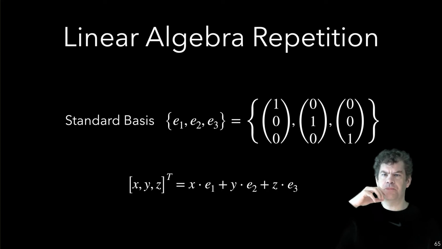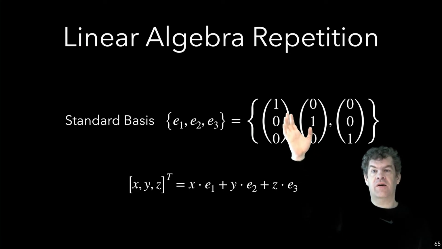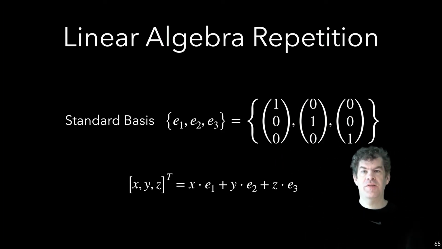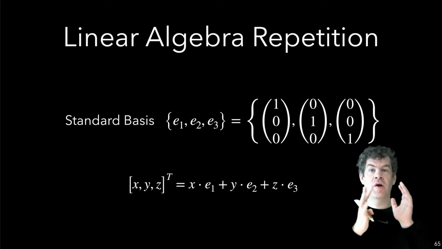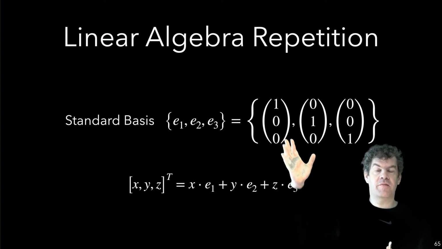There's nothing wrong with choosing another basis. So for instance, we could rescale one basis vector. We could say our first vector is 2, 0, 0, and this is 0, 1, 0, and this is 0, 0, 1. So I basically changed this here to 2. Then a point that had previously had the coordinates 4, 1, 1 now has the coordinates 2, 1, 1, because this basis vector is twice as long.